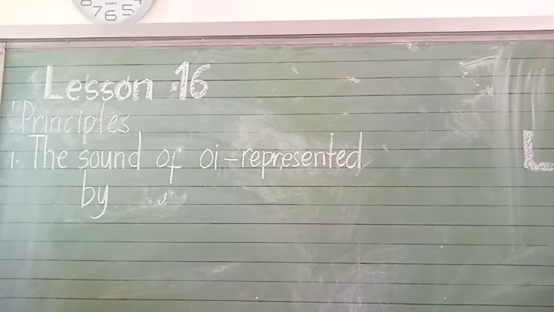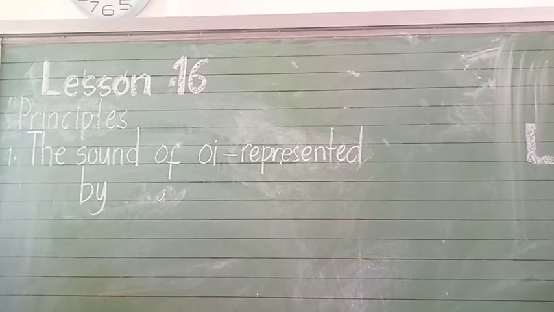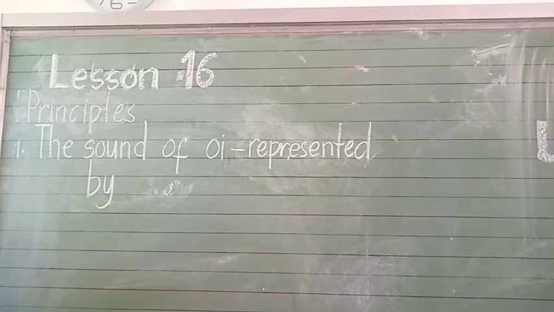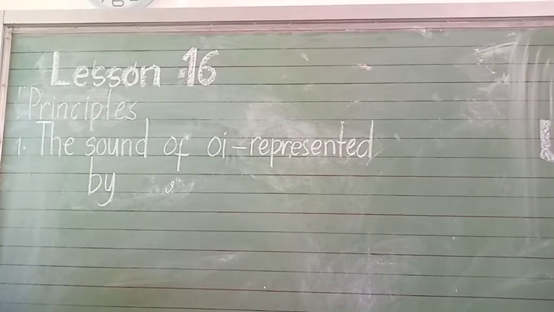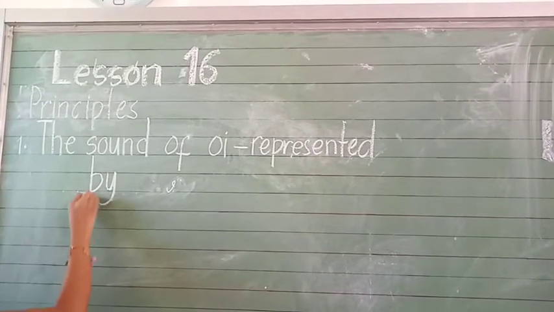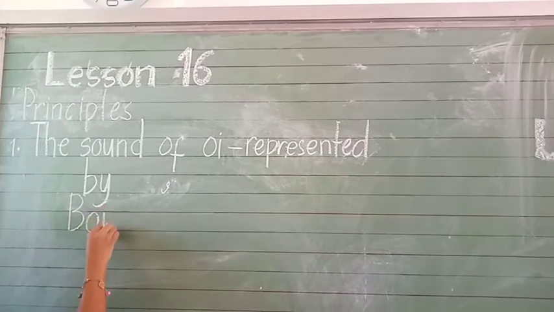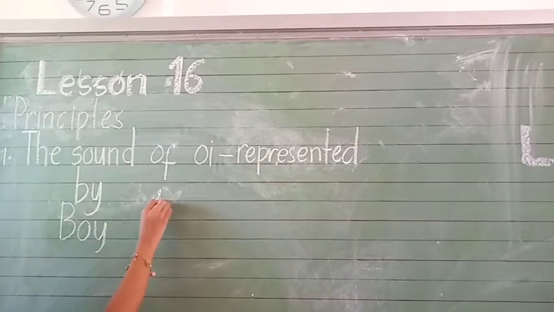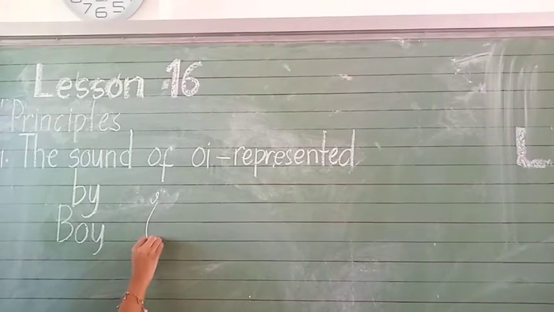Principle number 1. The sound of oi is represented by O and E. Example, boy is represented by B and oi.